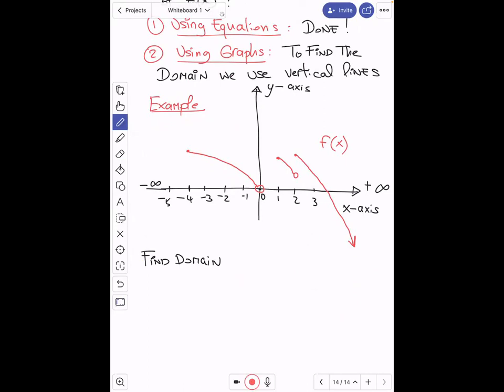On the left, you start with negative infinity. When you draw this vertical line, as you can see, there is no intersection with the graph. So intersection with the graph, I mean the red curve. My blue line doesn't intersect the red curve, so there is no intersection with the graph.